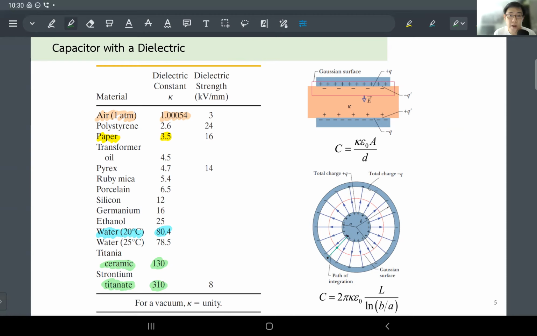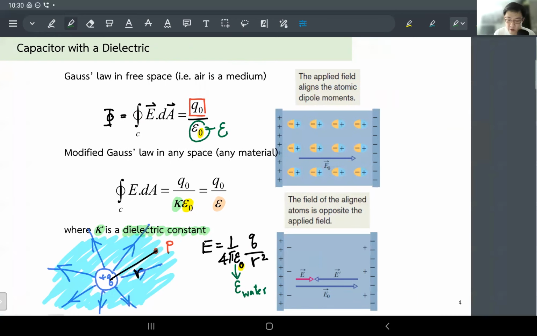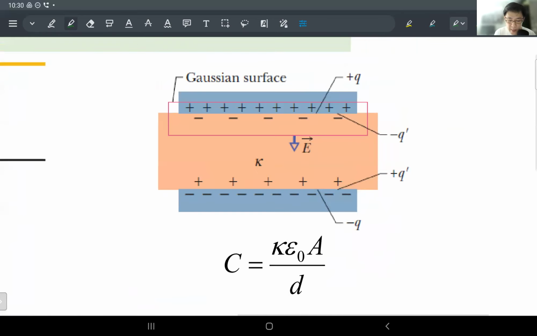So what happened then? Now, once you already know the value of the dielectric constant, what's changed? Because the only thing that needs to be changed is just the epsilon. So whatever you did before, we'll do the same. Here we go. Remember this one, guys? Last time we said the capacitance C of a parallel plates capacitor is simply epsilon naught A over D, right?